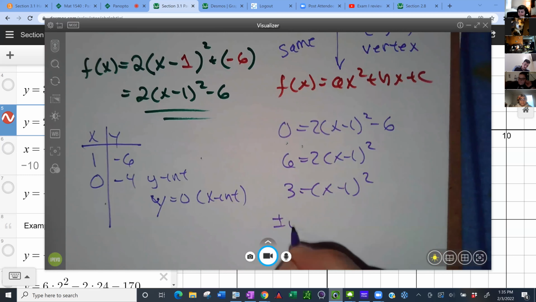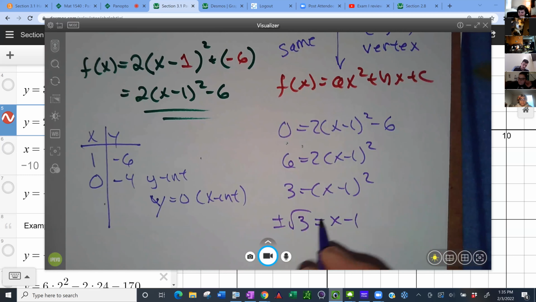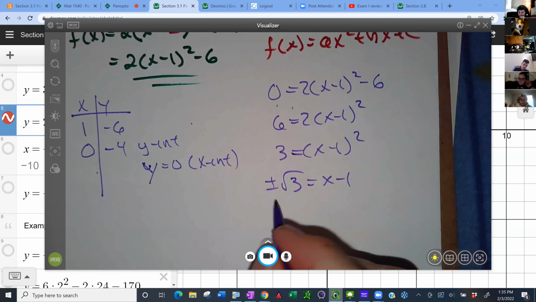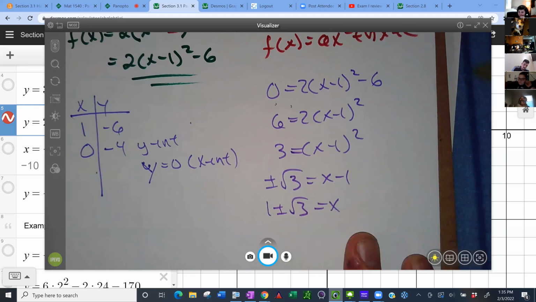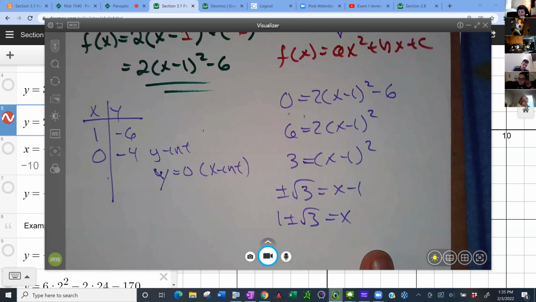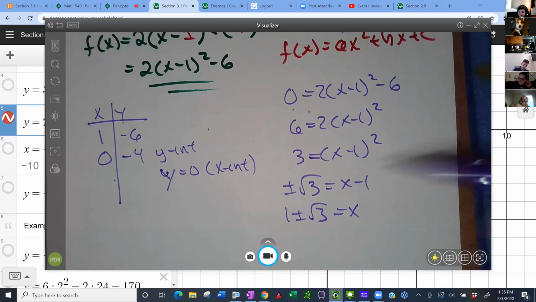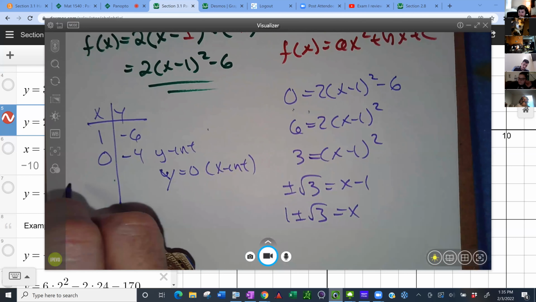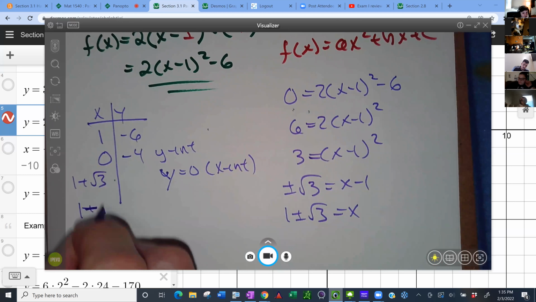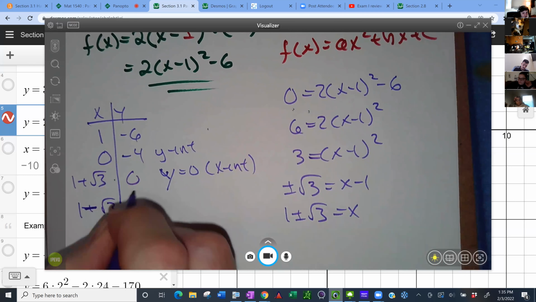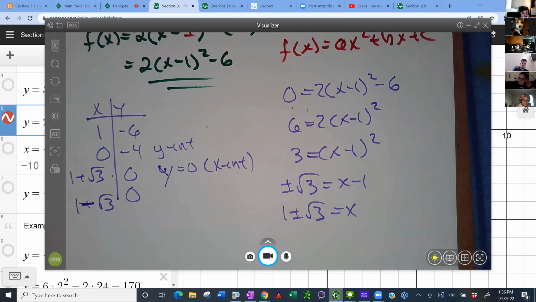Square root. And then move the 1 to the other side. All right, I know that was fast. I didn't really intend to do that part of it here, but you can. You've got everything you could want from this. 1 plus or minus square root of 3. Those are the 4 critical points that you would need.